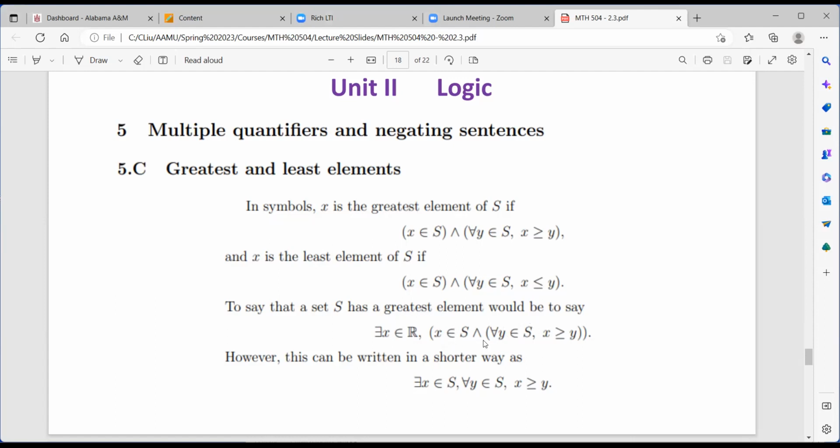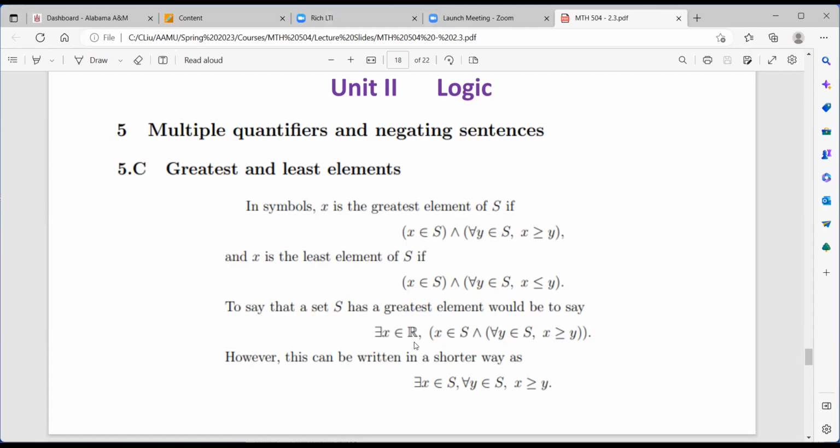So that is just the definition of the greatest element of S. Okay. So let's just make sure that S has a greatest element. All right.